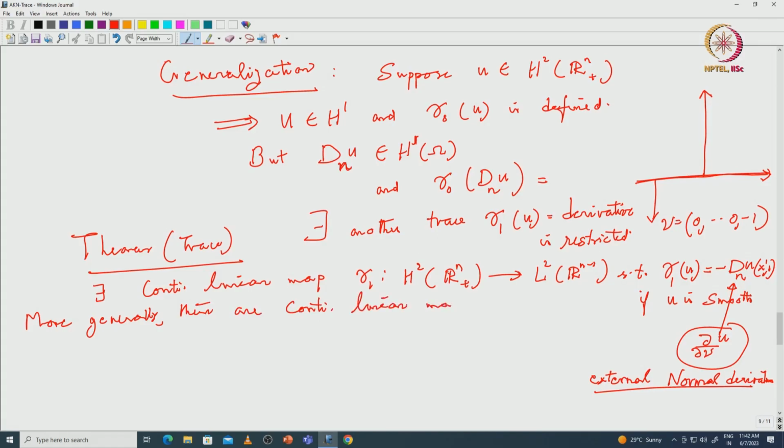So let me write it together. Gamma is equal to gamma naught, gamma 1, up to gamma n minus 1.